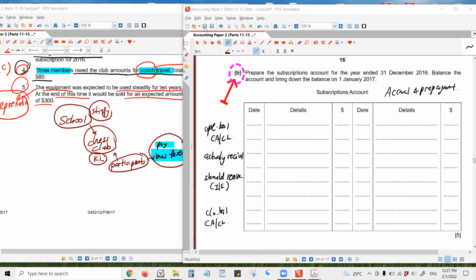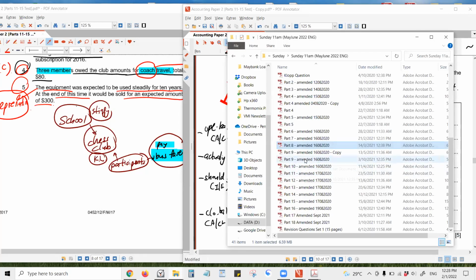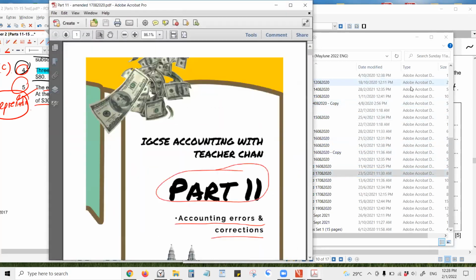Those who have done, you can send to me on WhatsApp so I can see your work. And so we have to keep looking for these four things. Okay, let me see one of your answers first. Many of you make the mistake of writing the term income statement in this question. For the club and society topic, we don't use the term income statement, except for the cafe or shop income statement.